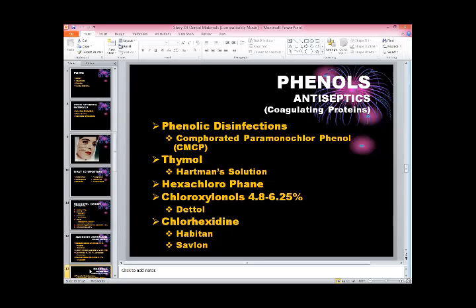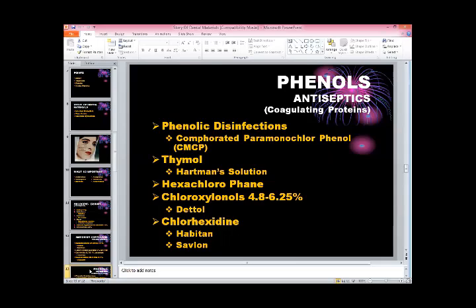Hexachlorophene is also one important compound in the phenol group which we are using. Then chloroxylenol, 4.8%, and it is familiar in the market with the name of Dettol, freely available.